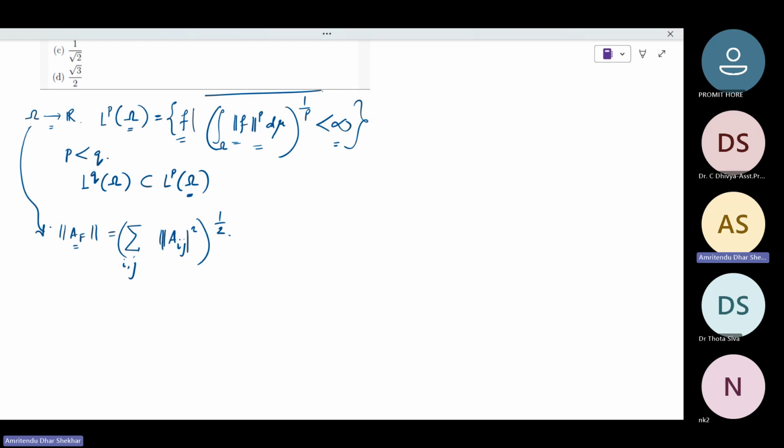But the question is, are these norms in general equivalent?